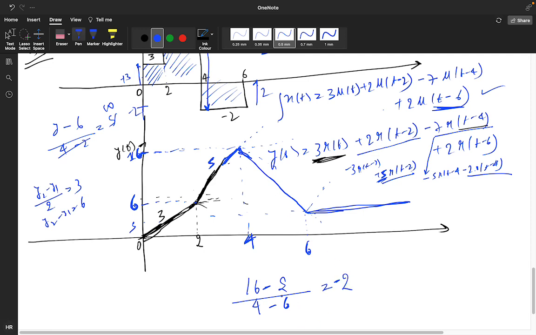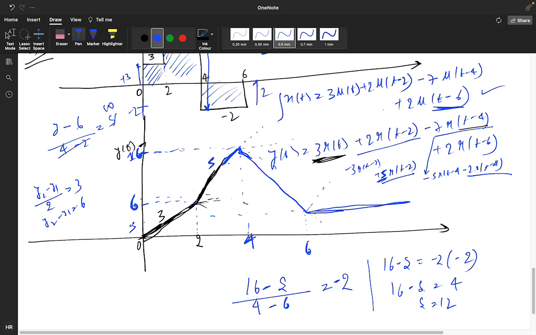So what could be the value of s? 16 minus s is equal to minus 2 into minus 2. So 16 minus s is equal to 4. So s is equal to 12. So this value is 12.